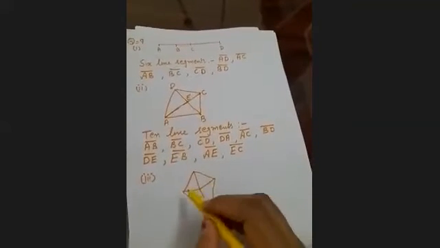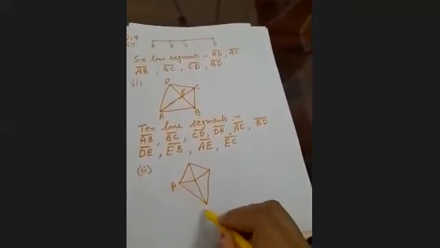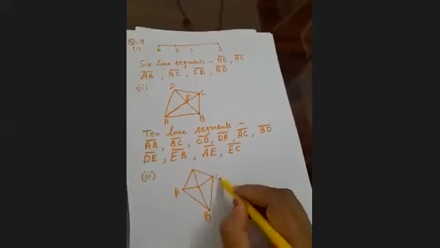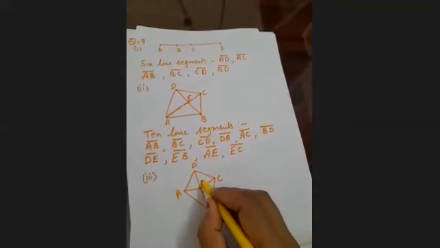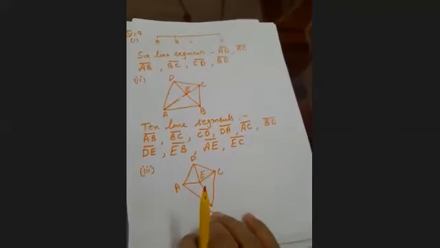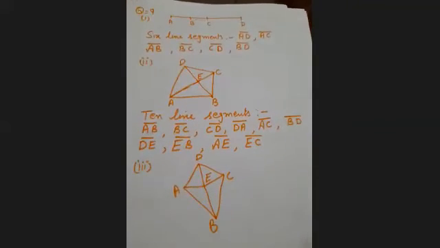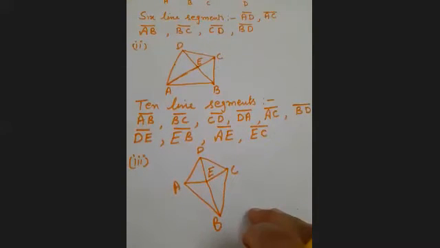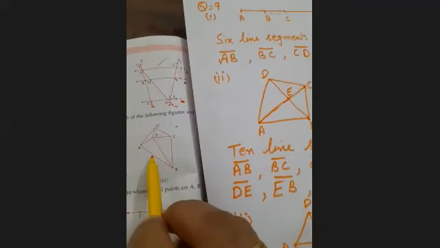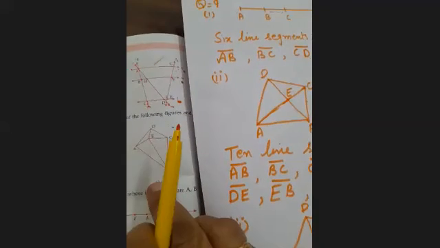Now write out points A, B, C, and D. These all intersect at point E. Now students, count line segments. This figure is a 3D shape. It's a solid shape like this. Now first we'll count all lines. In this figure, students, we have 8 line segments.